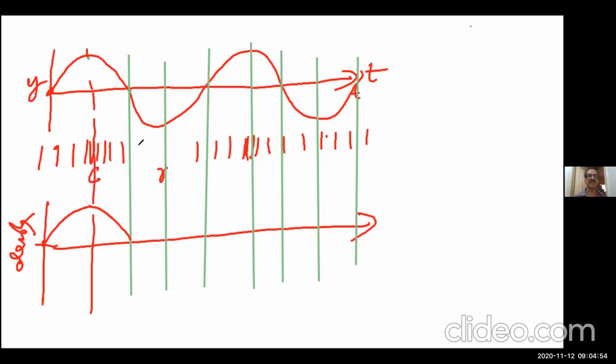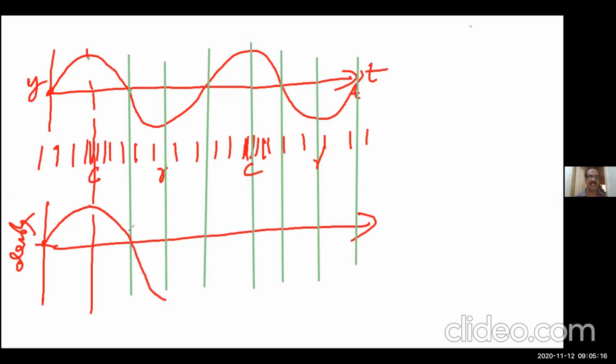It is almost far apart like this. See, far apart. Here also in the same way they are a little apart. This region compressed, this is little apart. Compression, rarefaction.